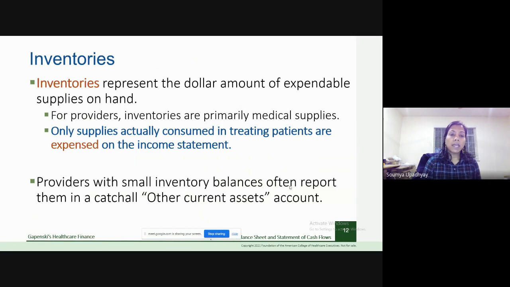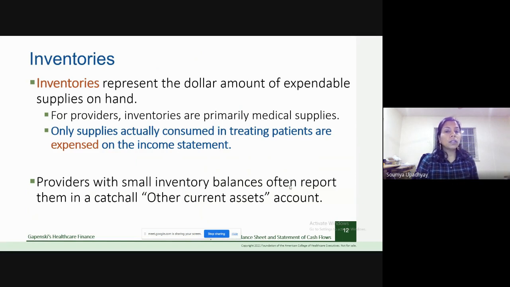So only supplies that are actually consumed in treating patients are expensed on the income statement. If you buy a pack of, let's say, 100 medical gloves, and you have used only 10 of them, you will be reporting the cost associated with only those 10 gloves.